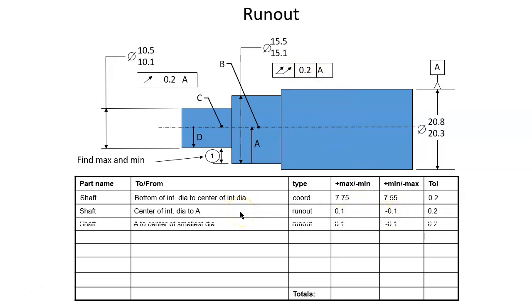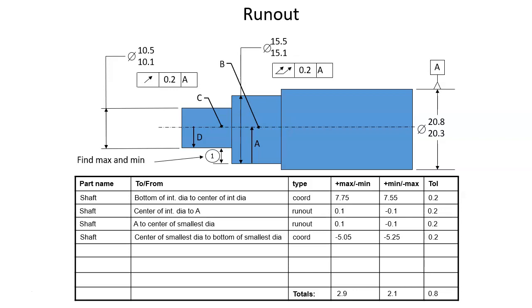From datum A, we go to the center of the smallest diameter using this runout, half in each column, positive in the left, negative in the right. And from the center of this diameter down to the bottom of this diameter, going halfway through feature size again, halfway through 10.1 to 10.5 is 5.05 and 5.25. Since it's in the negative direction, we're going to put the min absolute value in the left and the max absolute value in the right. And we get our answer, max 2.9, min 2.1.